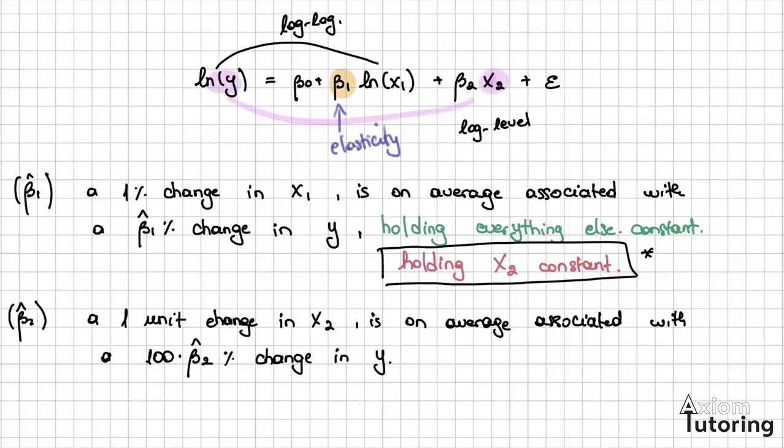And the last bit that we have to add, because we are in a multiple regression, is holding x1 constant.